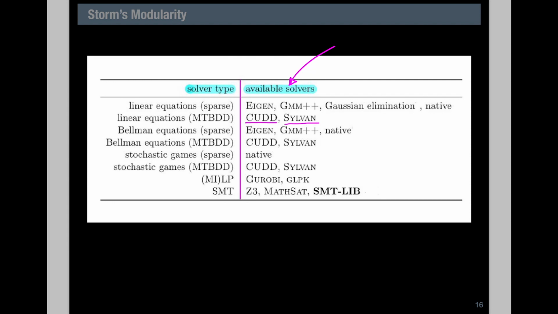Good. For the rest, we solve sometimes stochastic games, symbolic stochastic games, we every now and then need to solve mixed integer linear programs, and there we have tools like Gurobi that support that. And we use satisfiability modulo theory checkers like Z3, and sometimes we use nonlinear arithmetic, and for that purpose we use SMT-LIB.